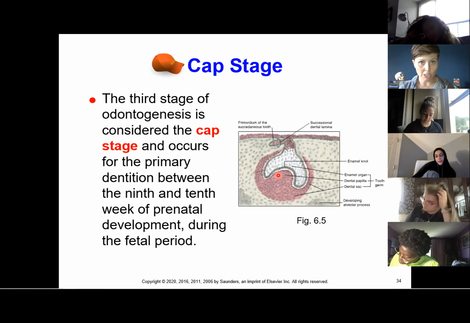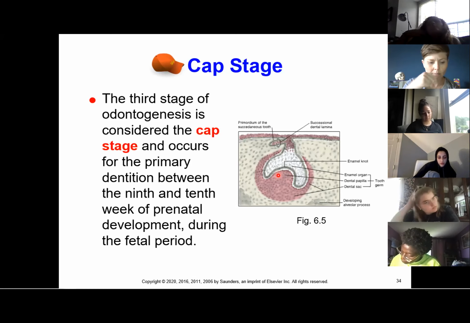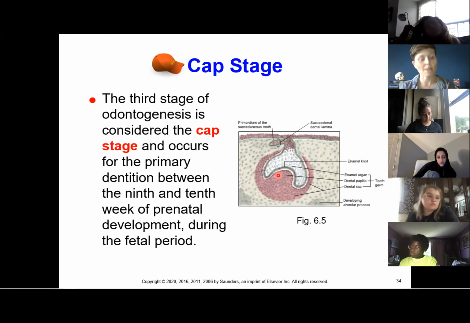Macrodontia is an issue with some patients with Down syndrome, and you'll learn more about that in process of care. That was highlighted on page 659, so I want to make sure I touched on that.